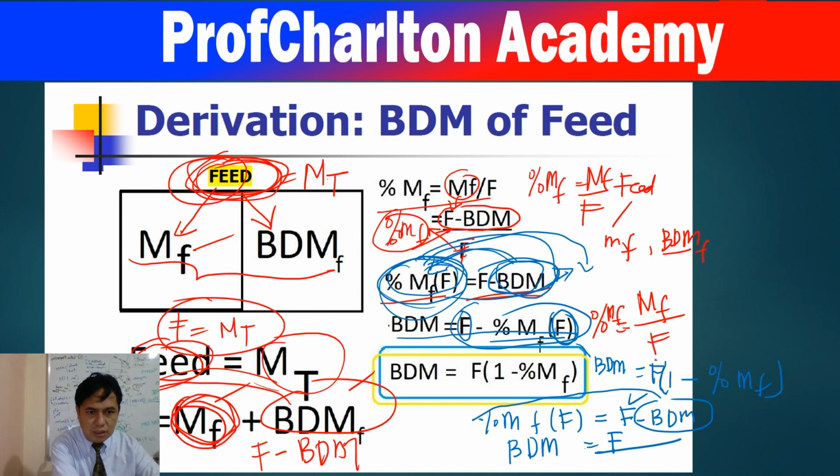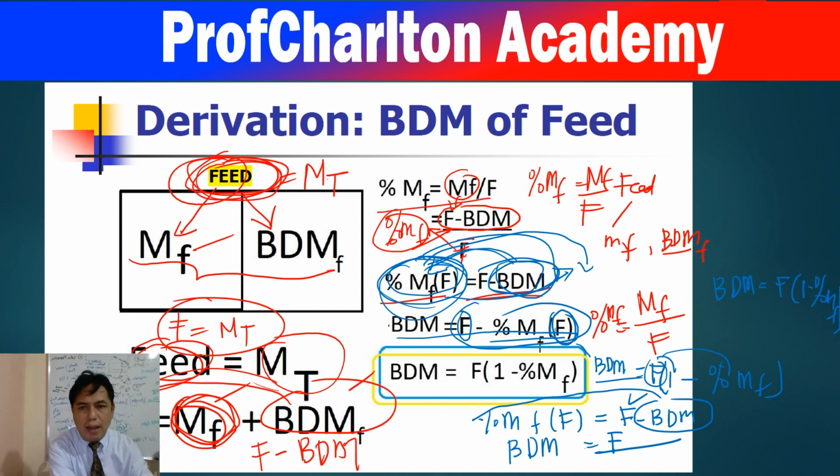Okay, so this is because this is a common term, common for this and for this. F minus percent MF, that is BDM. So why is that relevant? So now, if I may rewrite, BDM is F times 1 minus percent MF.